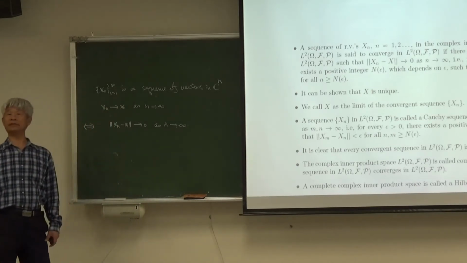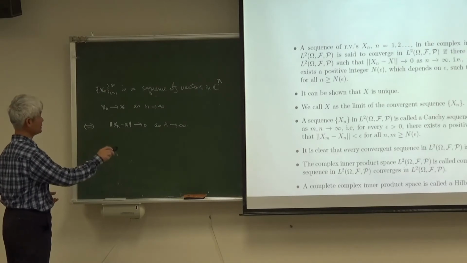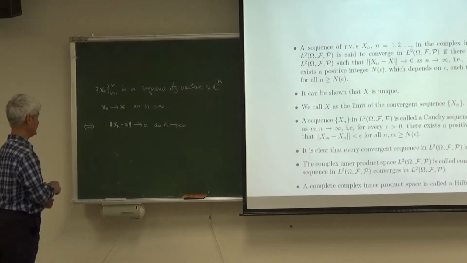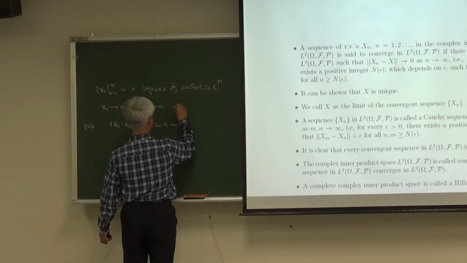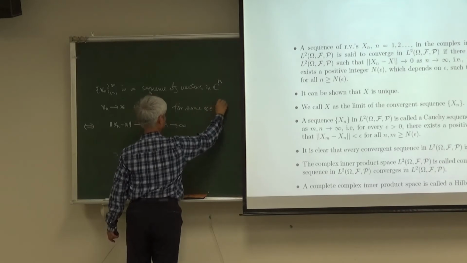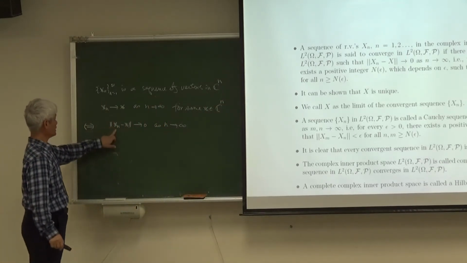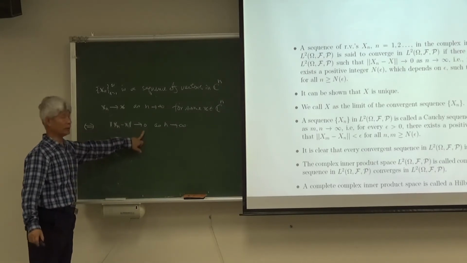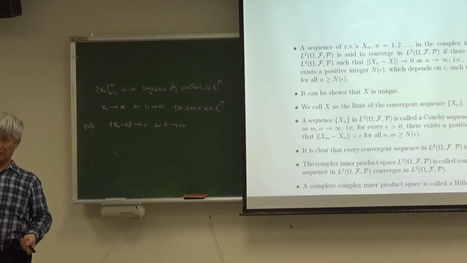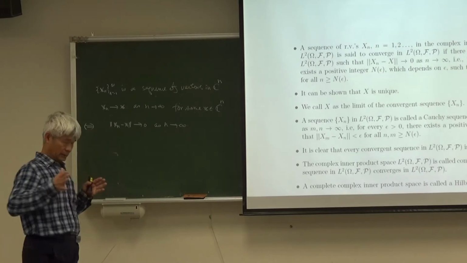So this is the definition: a sequence of vectors in Cn converges to X if and only if the distance between Xn and X goes to 0 as n goes to infinity. So the distance gives us the neighborhood, because in calculus we need the distance property.